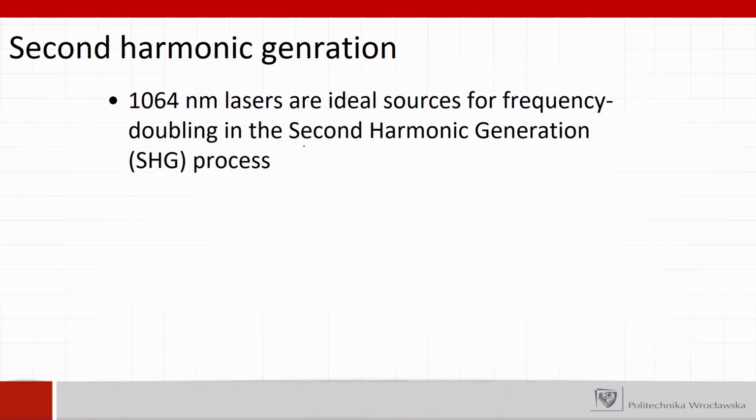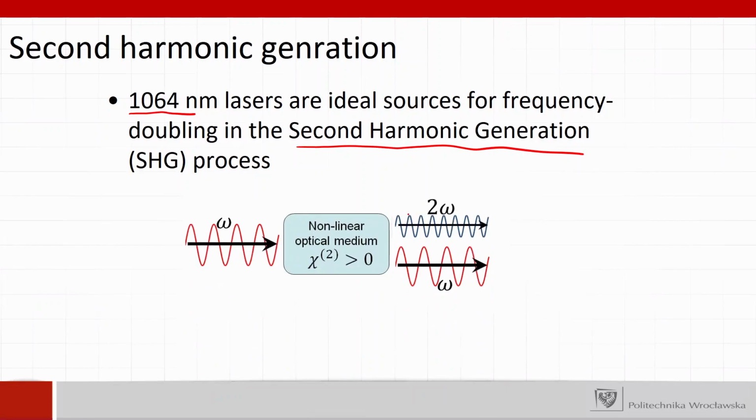And what is important in neodymium doped lasers is, I already mentioned about that, they are really suitable for so-called second harmonic generation process, SHG. So this is the process of frequency doubling of light. So it means that there exist nonlinear media, solid state media, which have the possibility to double the frequency of light.